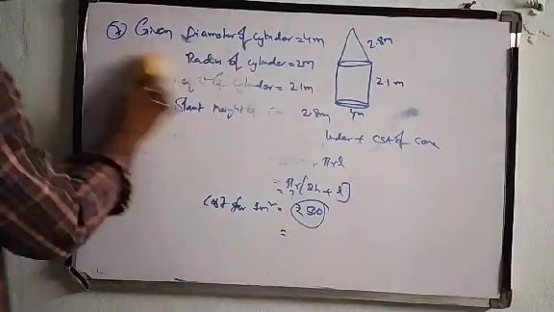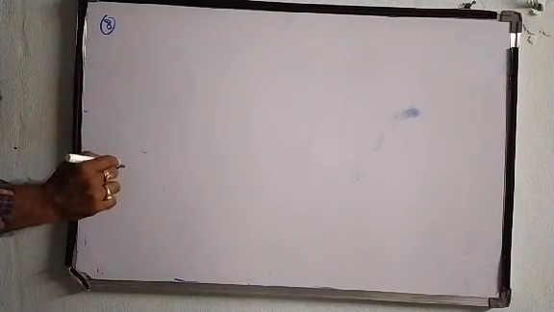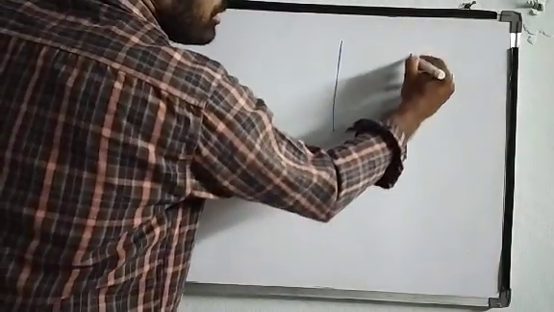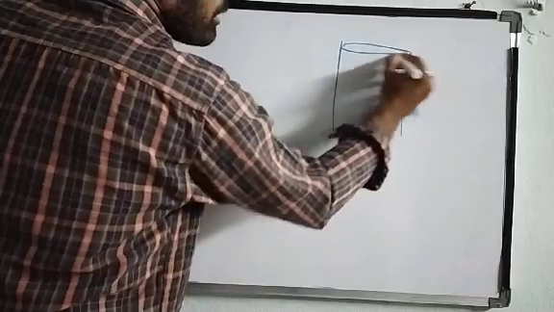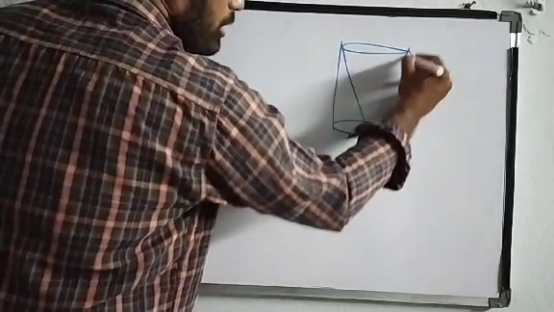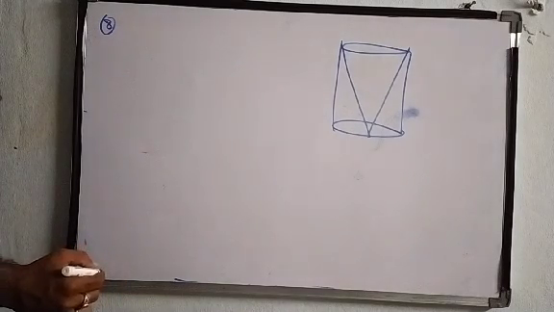Okay, next, the 8th question. From a solid cylinder whose height is 2.4, a conical cavity of the same height is hollowed out. So from the solid cylinder, we are hollowing out a conical cavity.